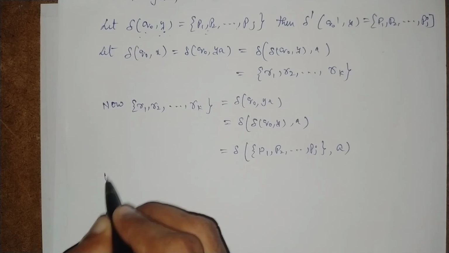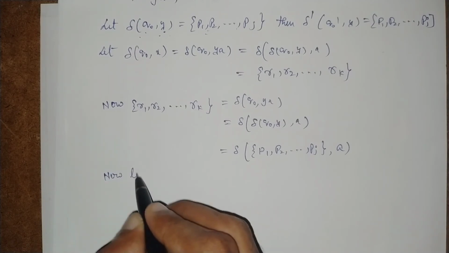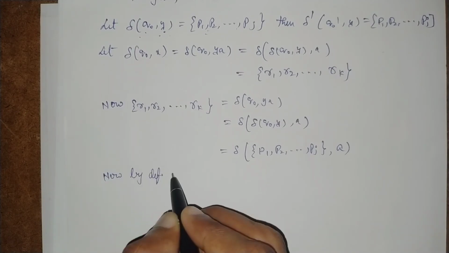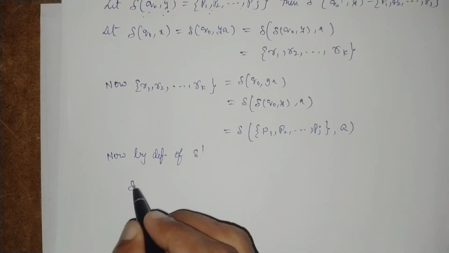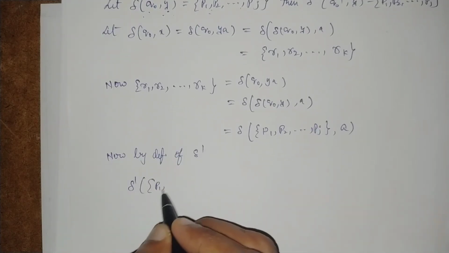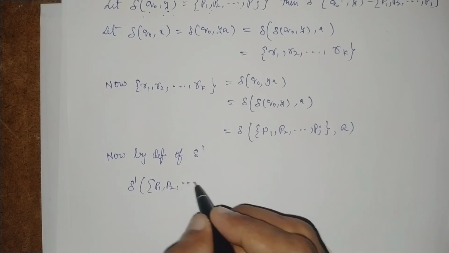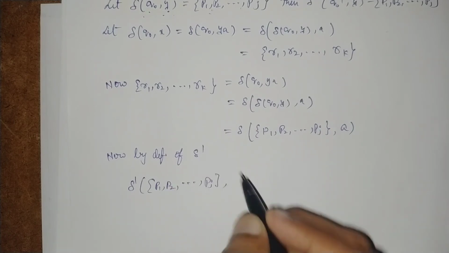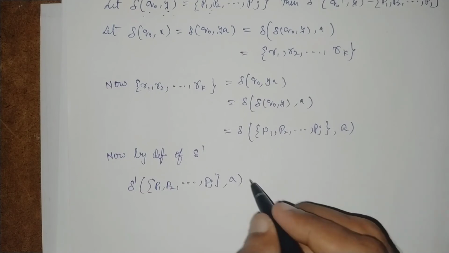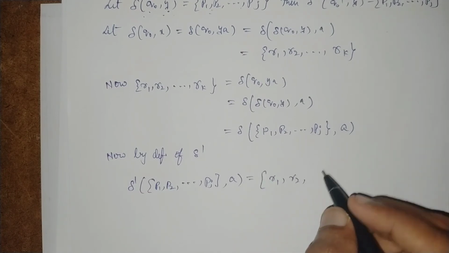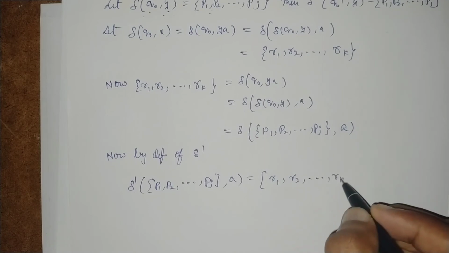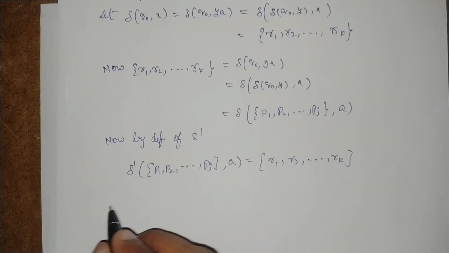So now, by definition of delta of E1, E2, so on, Ez, comma y, which is equal to R1, R2, so on, Rk.